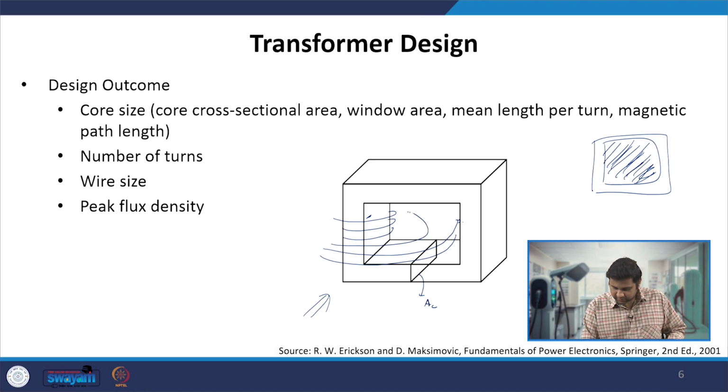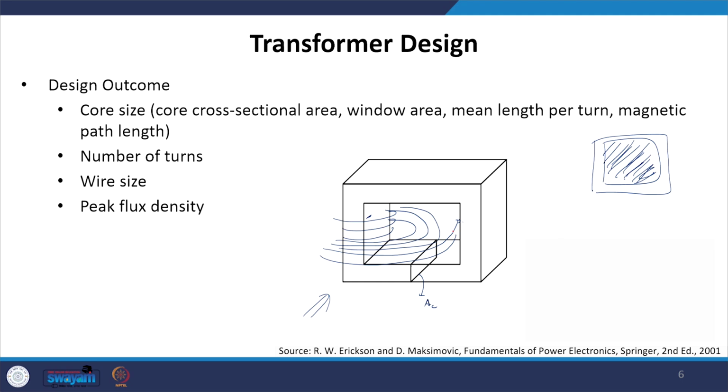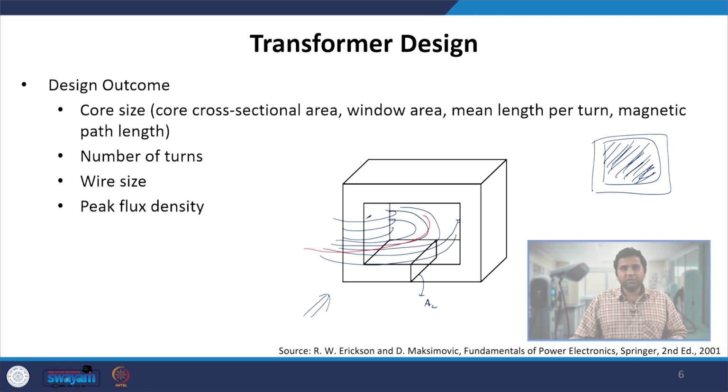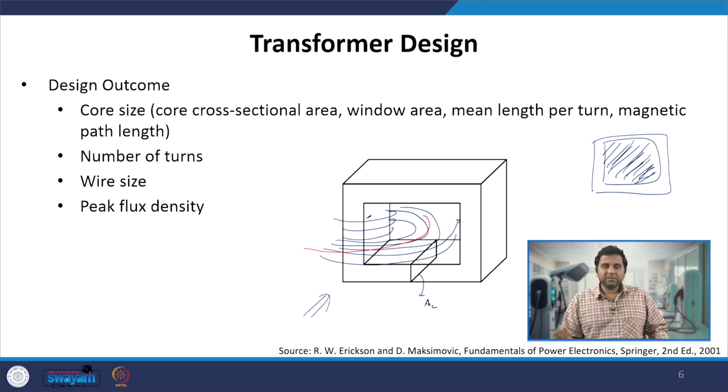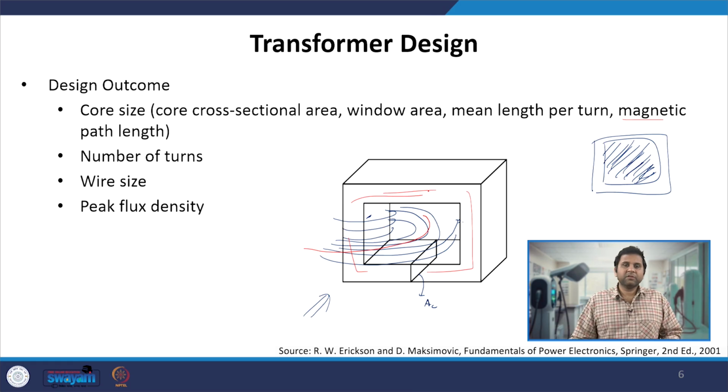We have the winding which goes like this, like this, like this. So in this entire area, windings are wound. The mean length will be the mean of this winding and this winding, the mean length of wire required to do 1 turn. We will see the meaning of mean length per turn as we go along. And then finally the magnetic path length, which is this particular length we are talking about.